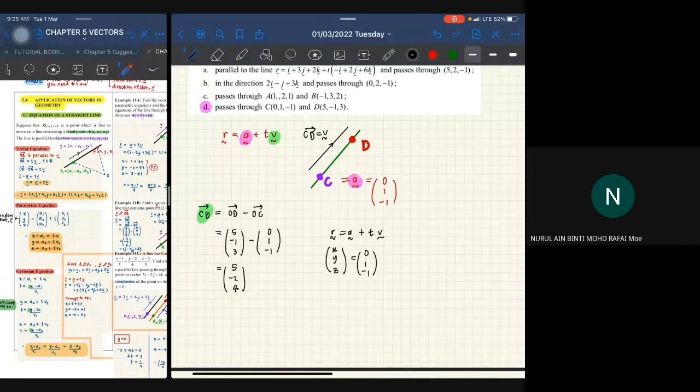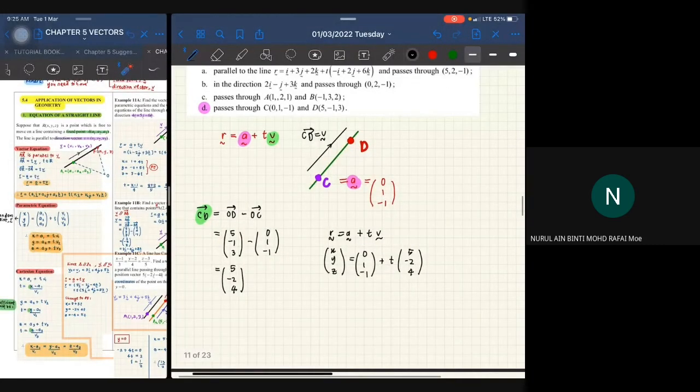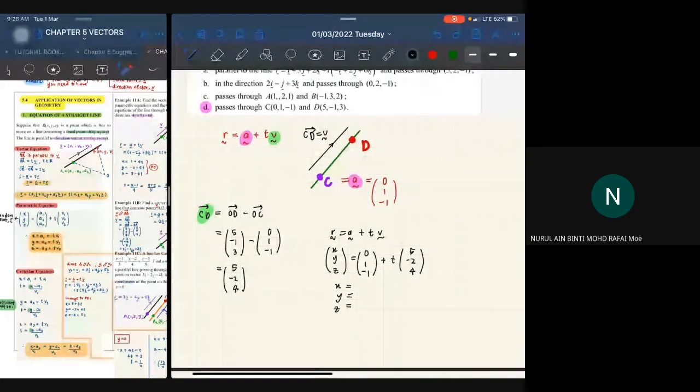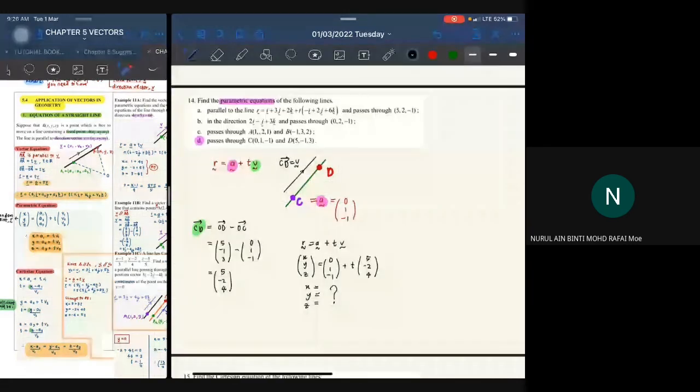And then pluskan dengan t, v. So vector v is 5, -2, and 4. Okay, so siapkan sendiri daripada sini. Apa awak dapat for x, y, and also z? Do it on your own. Okay, that's all for number 14D.